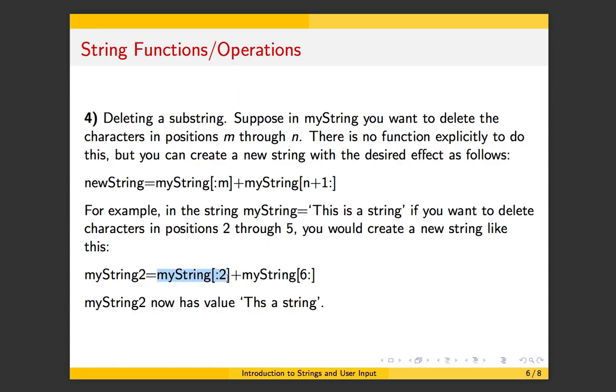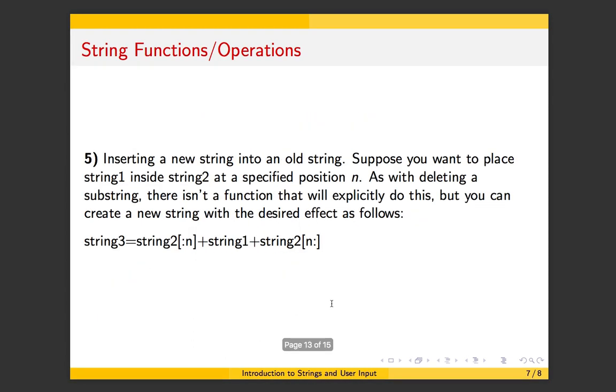You're going to keep from the old string up to position 2, and then keep also 6 on, and forget about 2, 3, 4, 5. So this 2 here, right, you don't read up to 2, you stop right before 2. So in this substring here, you're keeping positions 0 and 1. In this string here, you're keeping position 6 on, so you've now forgotten about positions 2, 3, 4, and 5. So if you ever want to excise substrings, cut substrings out, you can do it this way.